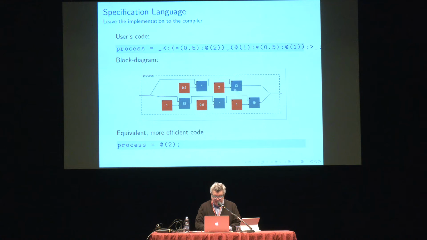Okay, so this is an example of what I was saying. Let's say that you have this process here. On this channel, you multiply the signal by 0.5, then you add a delay of 2 samples. Here you add a delay of 1 sample multiplied by 0.5, and then again take a delay of 1 sample.